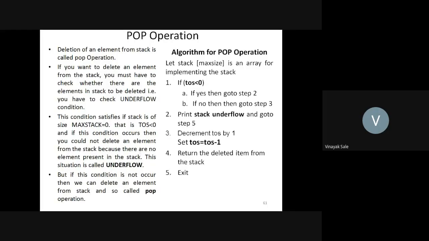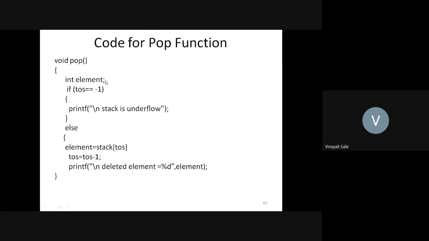Then the code for the pop operation. Void pop, integer element. If tos is equal to -1, printf stack is underflow, else element is equal to stack[tos], and tos is equal to tos - 1.